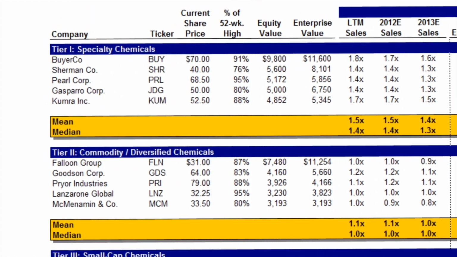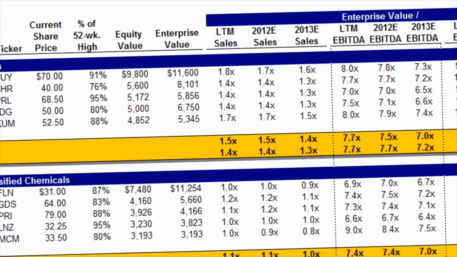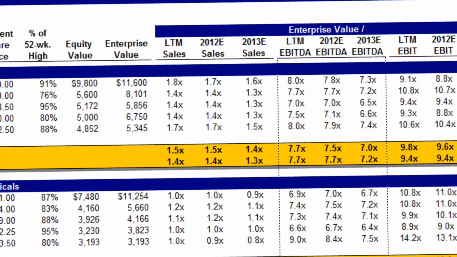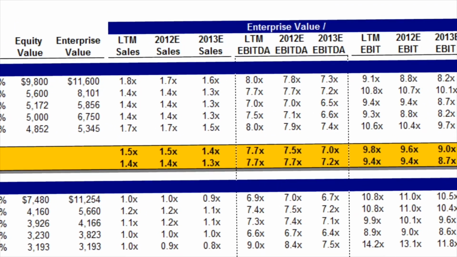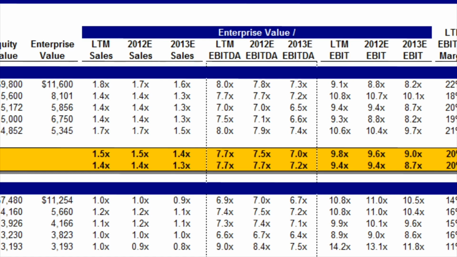Then it gives you some information: the share price, the equity value. Equity value is just the share price multiplied by the number of shares, and the enterprise value that we will see in a second. And then it gives you the multiples. As you can see, there is a first batch of multiples where you have enterprise value divided by sales, EBITDA, or EBIT.